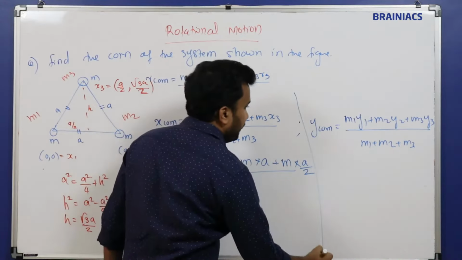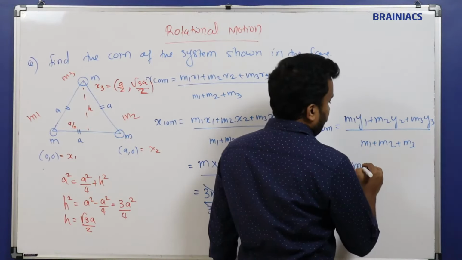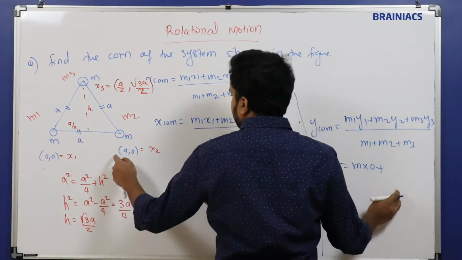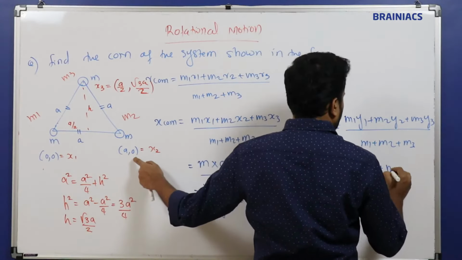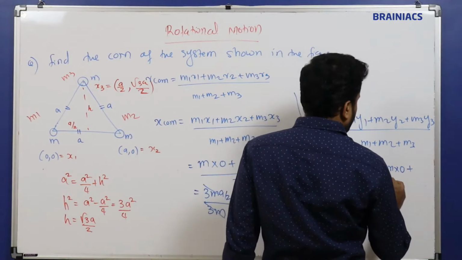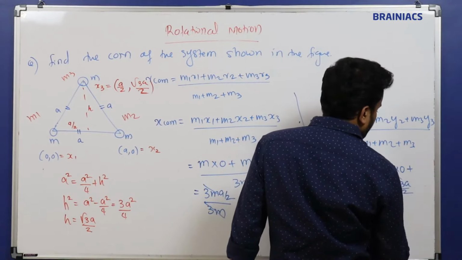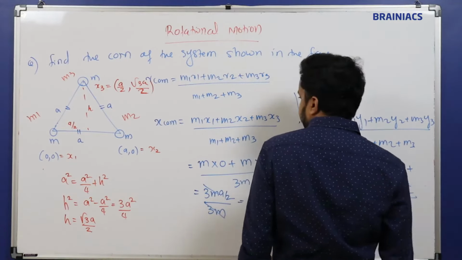The same way we will continue for the y coordinate as well. So m1 into y1, that is m1 into 0, plus m2 into 0, plus m3, the third body, m into its y coordinate, root 3a by 2, whole divided by 3m.